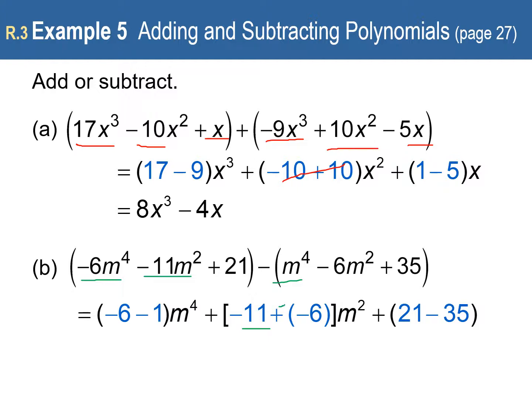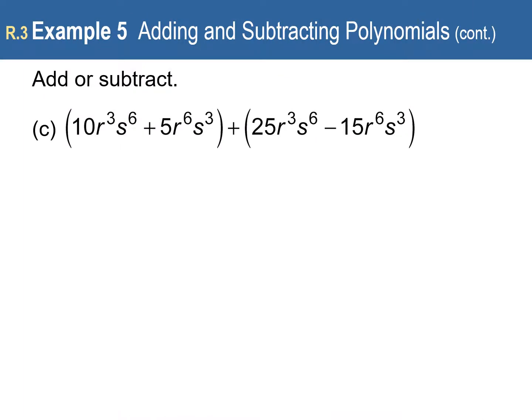Need the subtraction in there. And then it'll be 21 minus 35. So this becomes, what, negative 7m to the 4th? And this negative becomes a positive. So negative 11 plus 6 is minus 5m squared. And 21 minus 35 is 14.